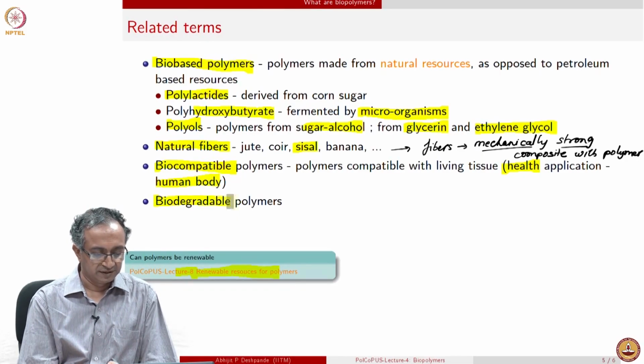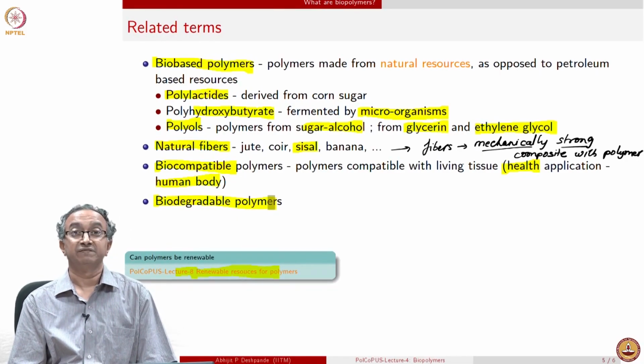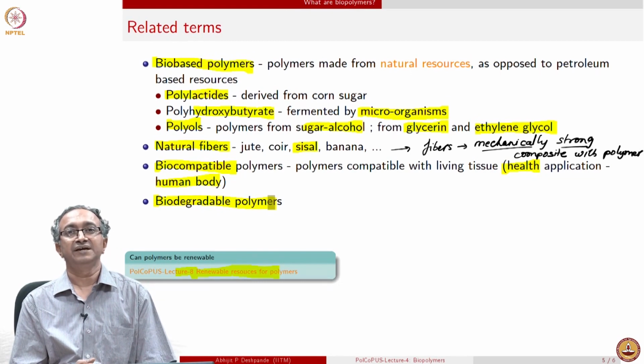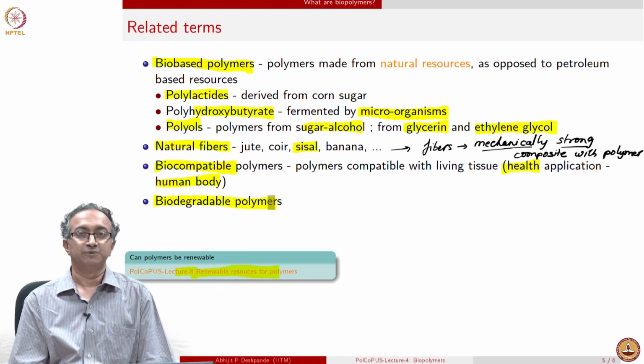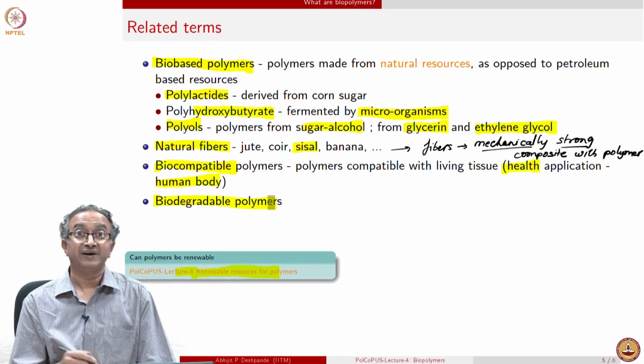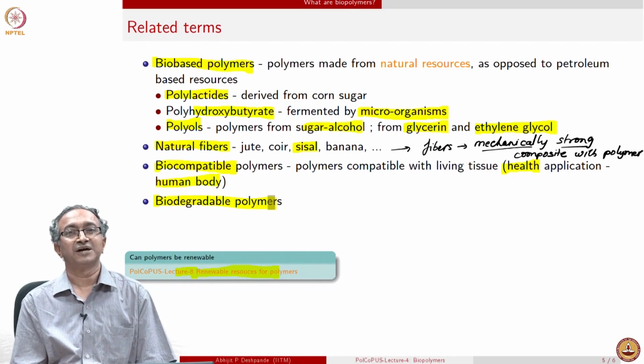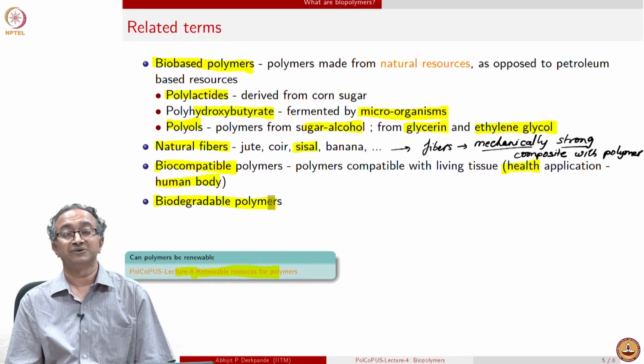An important set of polymers that we are looking for to avoid the overall complication associated with waste accumulation is biodegradable polymers. And here also, biodegradability does not imply that it is a natural polymer. Many synthetic polymers can also be made to be biodegradable. In fact, you will be surprised to know that there are some natural polymers which are not as easy to biodegrade.